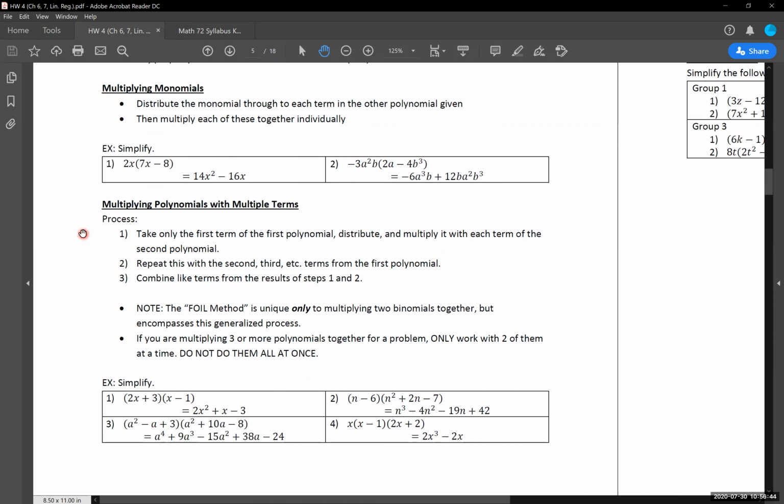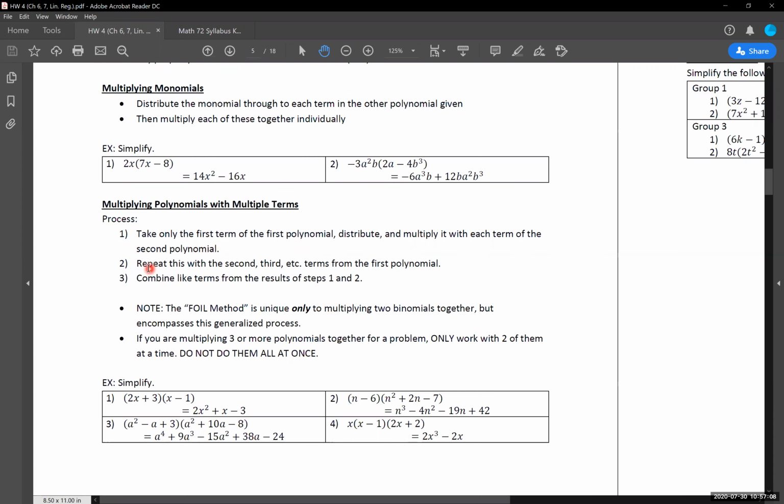So, first thing we're doing, take only the first term of the first polynomial, distribute, and multiply it with each term of the second polynomial. So you're only going to take one thing at a time and distribute and multiply it through.